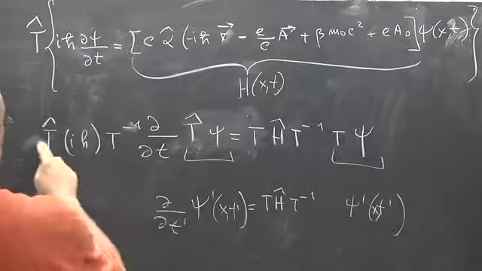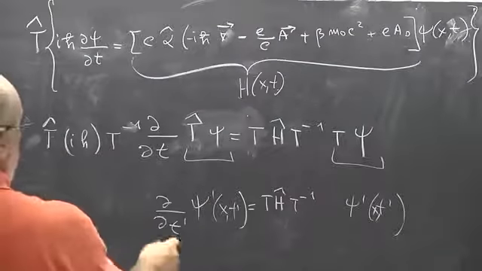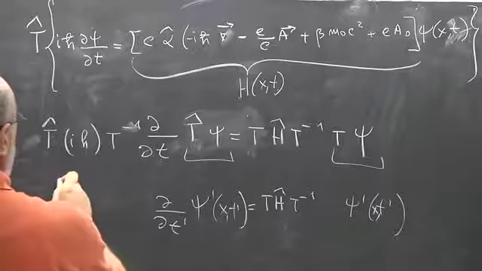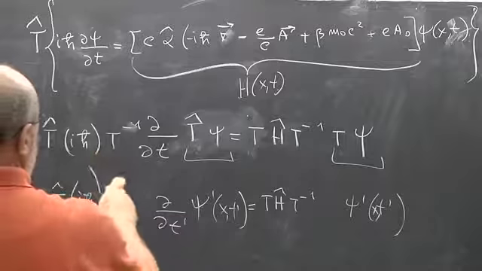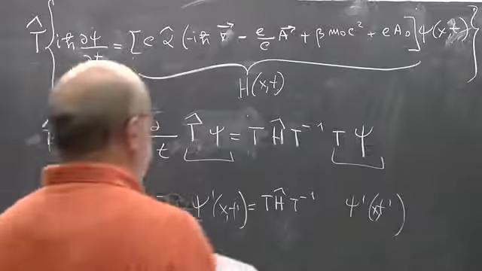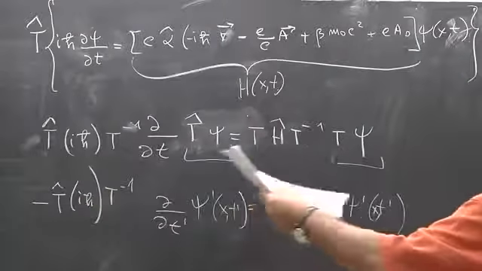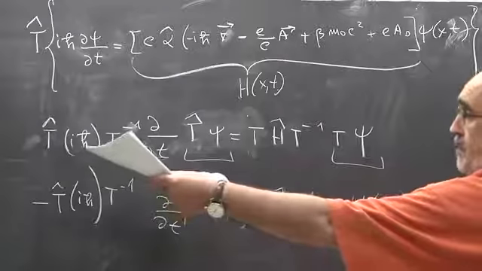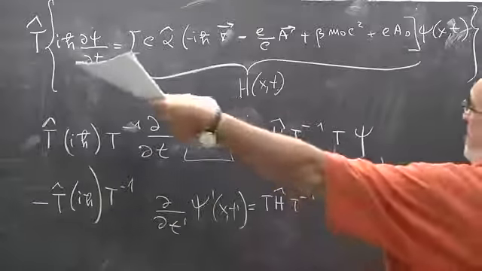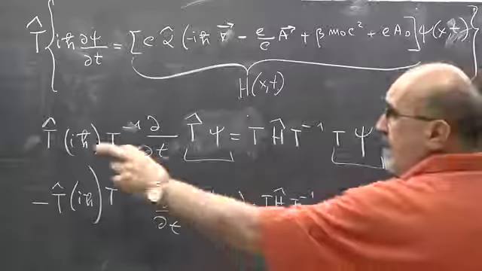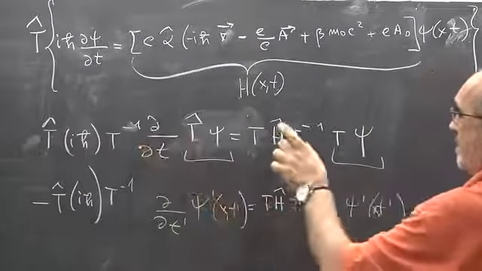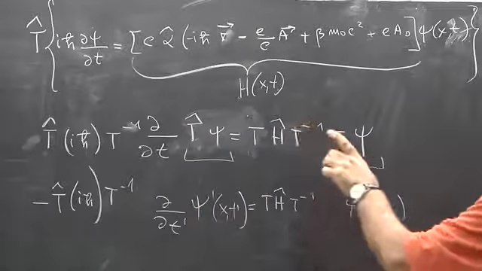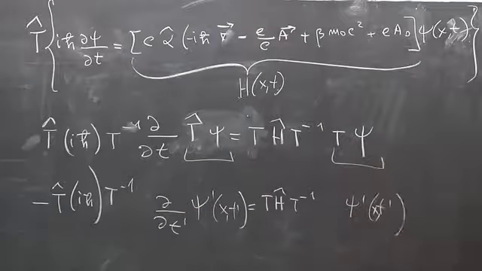Why do I do that? Because I bring a minus here, and that compensates this, and I have T i h bar T to the minus 1. So this equation, first I prove that this equation is the same as this. Why? Because I have T on the left, T and T prime cancelled. Yes?